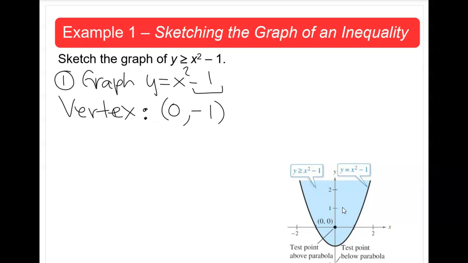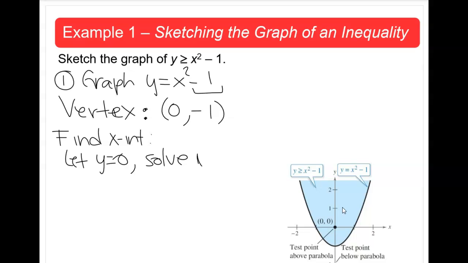Now, if I want to find the x-intercepts, we could let y equal 0 and then solve for x. So if we take the original equation, we have a difference of squares, so we can factor it into x plus 1 times x minus 1.